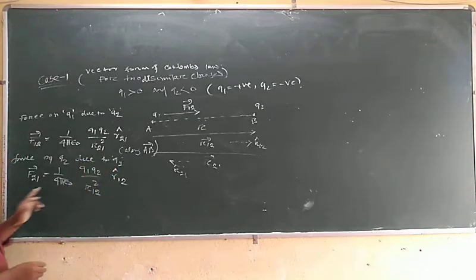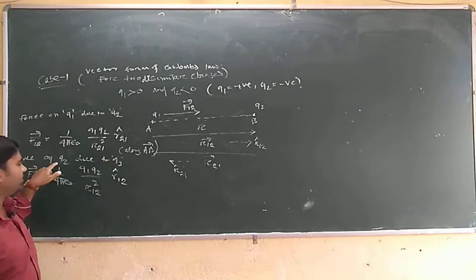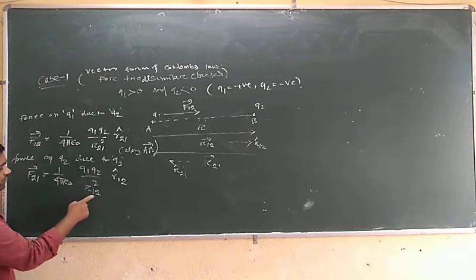So the action starts from the first charge and goes to the second charge, so the movement will be from 1 to 2.